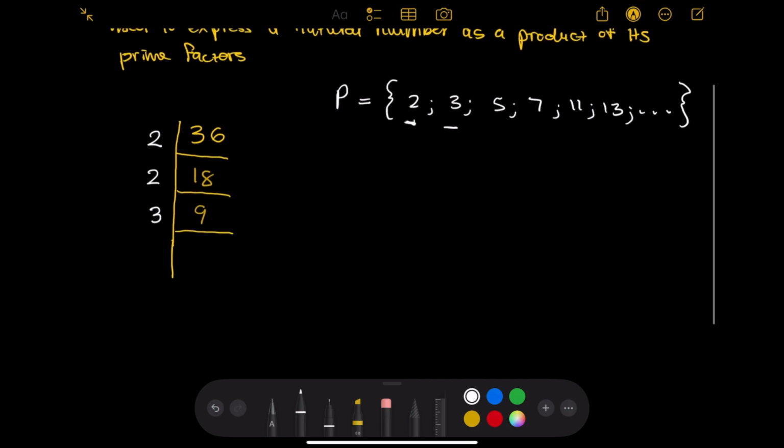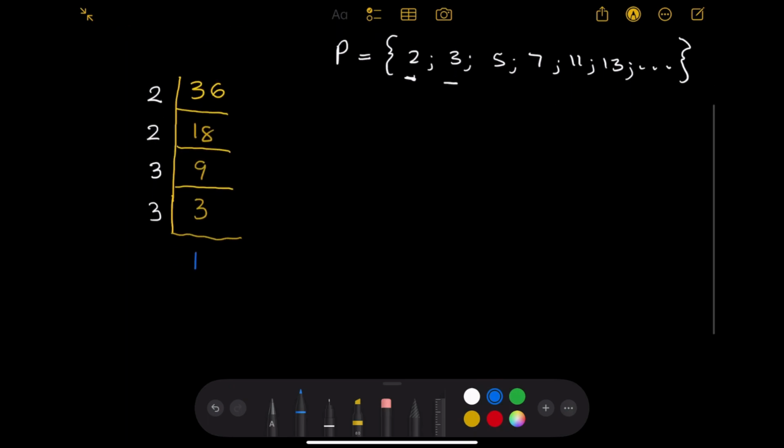Then 9 divided by 3 gives me what? Gives me 3. Then I go back. What's the smallest prime factor of 3? It's 3. Then 3 divided by 3 gives me 1.